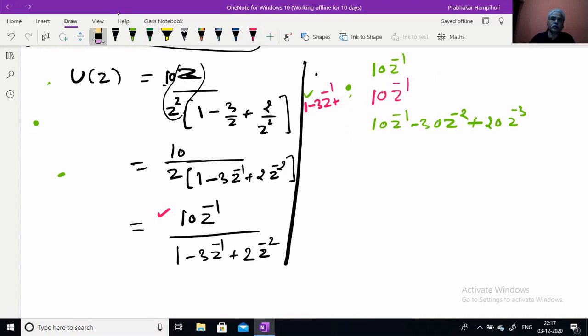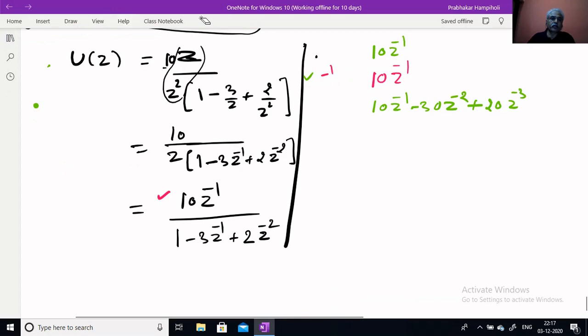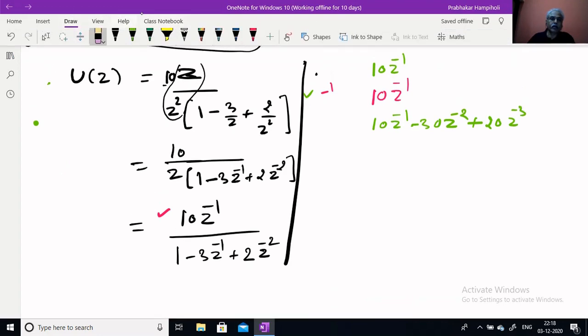Now, for the sake of clarity, I will rewrite this part.